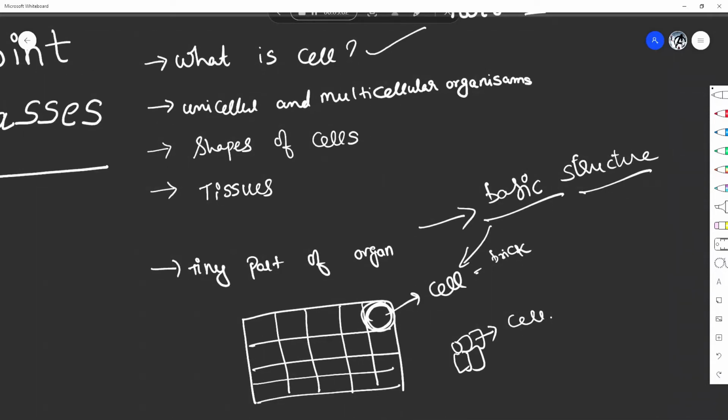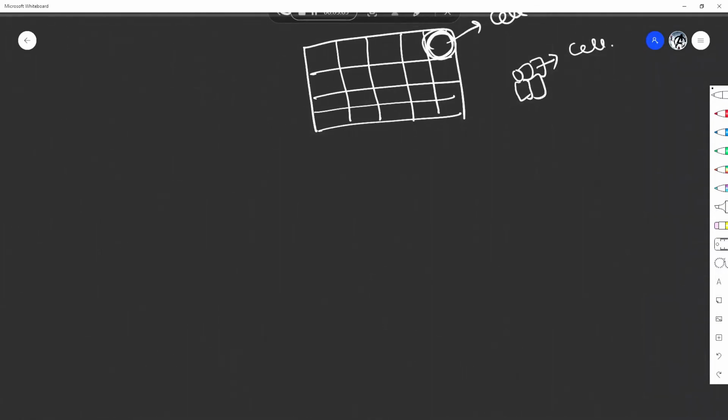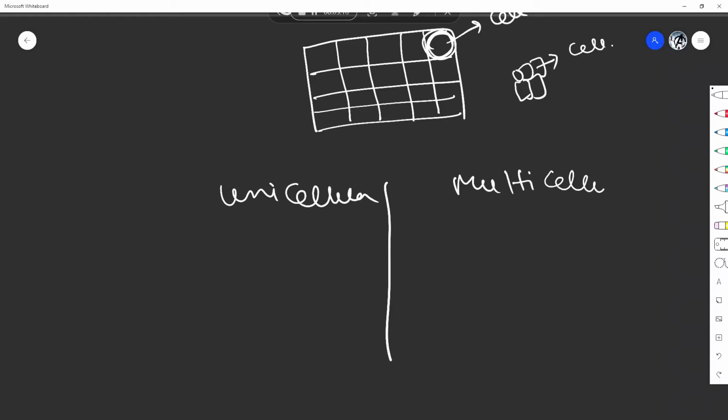Coming to the second point, unicellular and multicellular organisms. Depending upon how many cells the organism has, we classify them into unicellular and multicellular. Uni means one, multi means more than one.